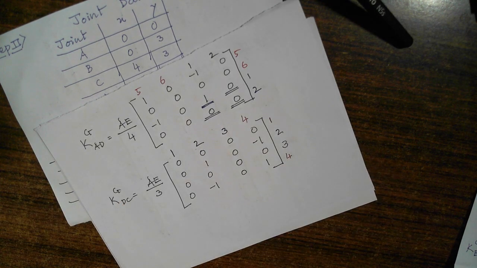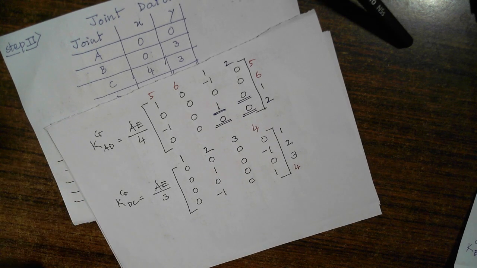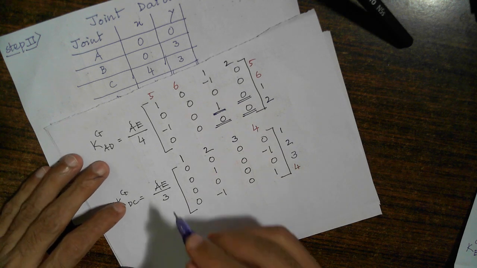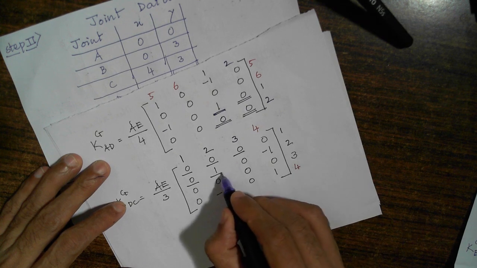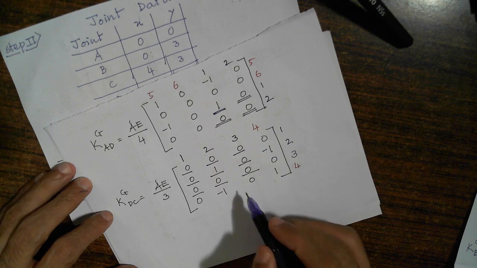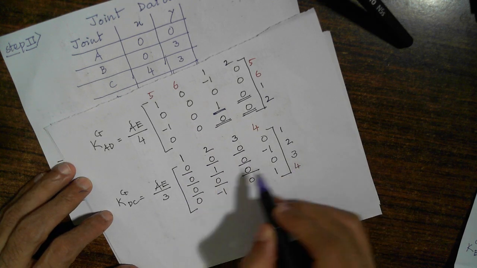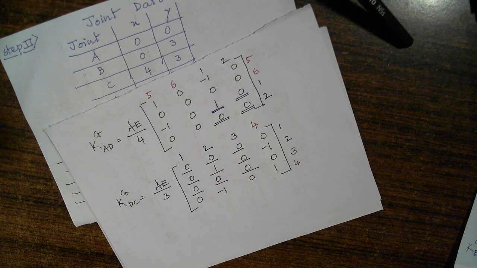Now my friends, I know my global stiffness matrix for the structure as a whole will be of the size 3 by 3, in which the columns will be 1, 2, 3 and rows will be 1, 2, 3. So I must map all the elements having intersection of 1, 2, 3 columns with 1, 2, 3 rows in my elemental stiffness matrices. So these 9 elements from this matrix I am getting to be mapped for my global stiffness matrix for the structure as a whole.